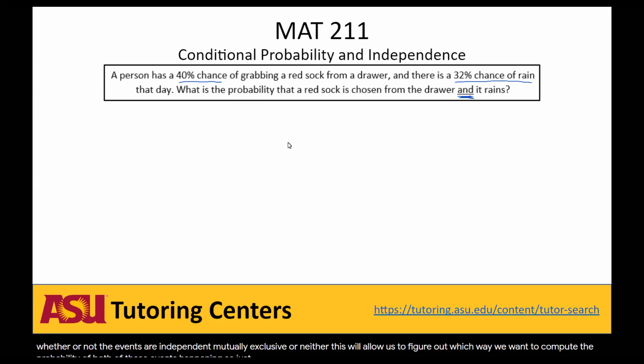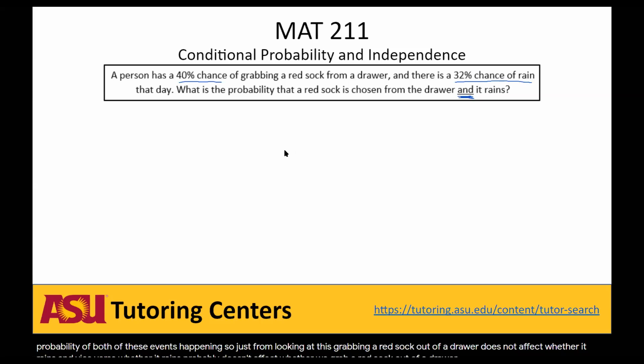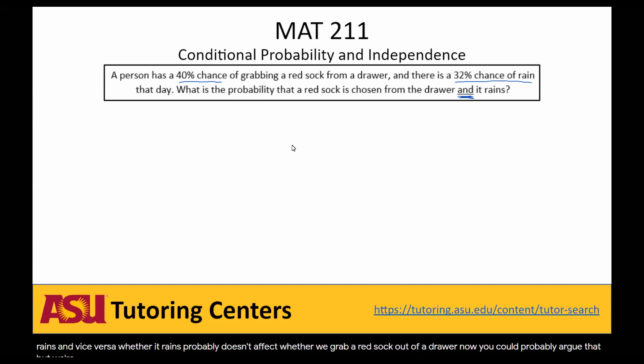So just from looking at this, grabbing a red sock out of a drawer does not affect whether it rains. And vice versa, whether it rains probably doesn't affect whether we grab a red sock out of a drawer. Now you could probably argue that, but we're going to assume that that's the case here. So what that means is that these two events are independent.